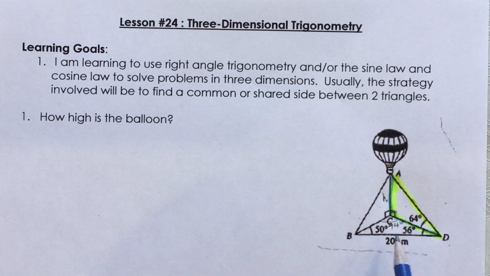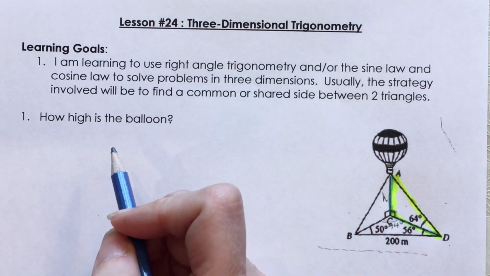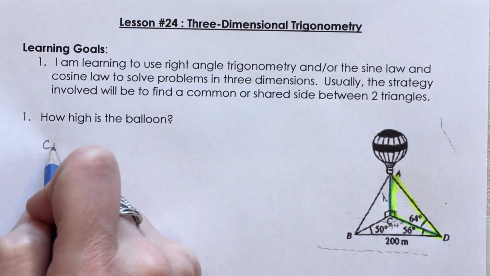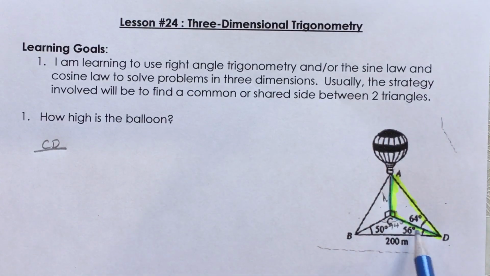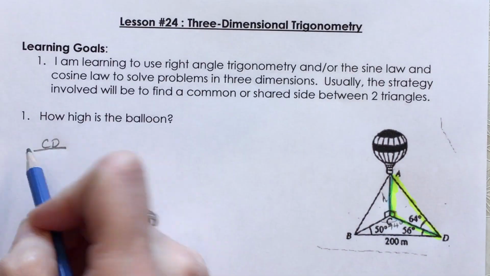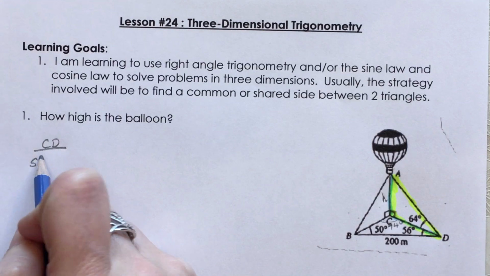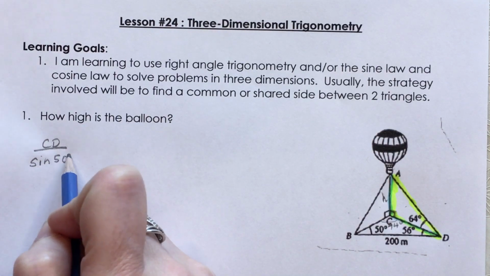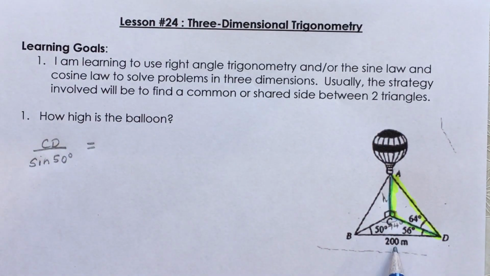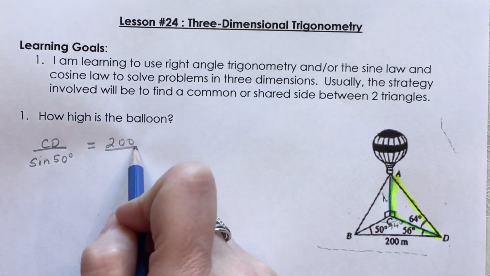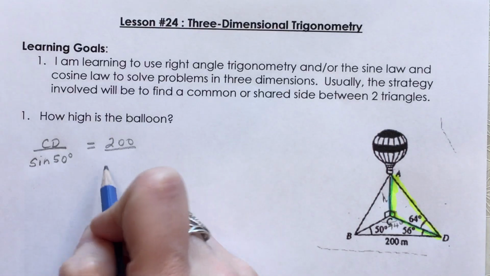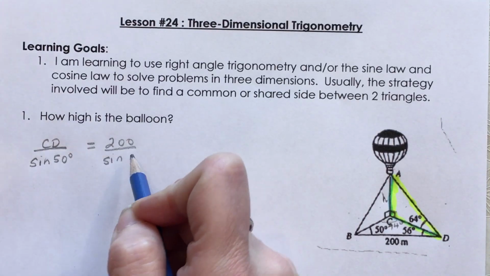So if we want to find side CD, let's start off our sine law by saying we want to find side CD there. And the angle opposite side CD is 50 degrees, so it would be divided by the sine of 50 degrees. Equals, so the side we know, sides are on top when we're finding a side, over the sine of the angle opposite it. And we determined that that was 74 degrees.